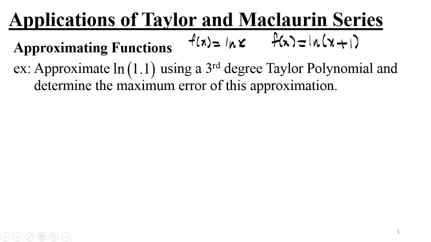However, we know that a Taylor polynomial has to be centered at a given value. So the value that the polynomial is centered at really depends on the choice of your function. If you were to go, for example, for f of x equals ln x, to represent that by a Taylor polynomial, you cannot possibly center the polynomial at 0, because f of 0 is not defined. 0 is outside the domain of this function.